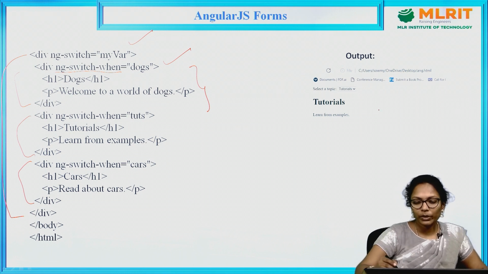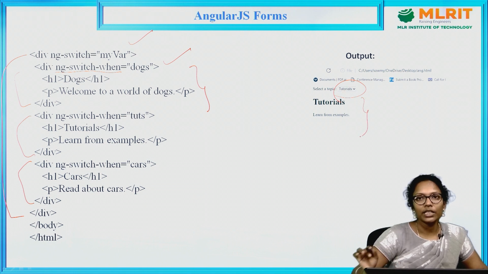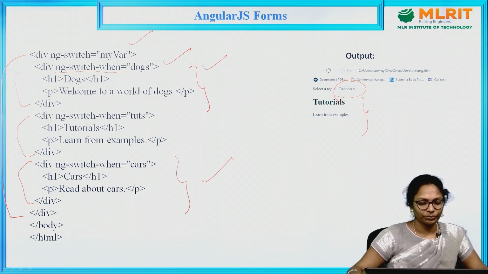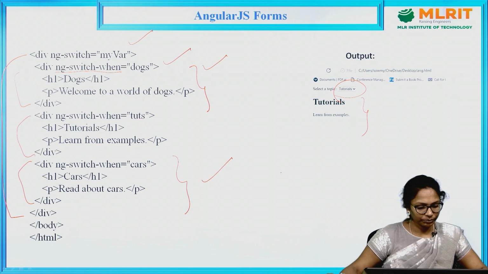So this is the output I will get. It is a drop down list. If I select tutorials, I am getting these 2 lines. If I select docs, I will get these lines. And if I select cars, I will get this one. So let's execute this.